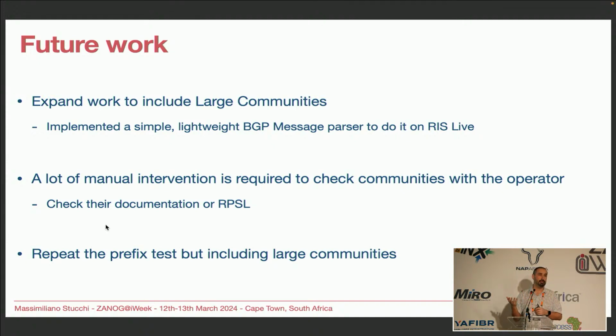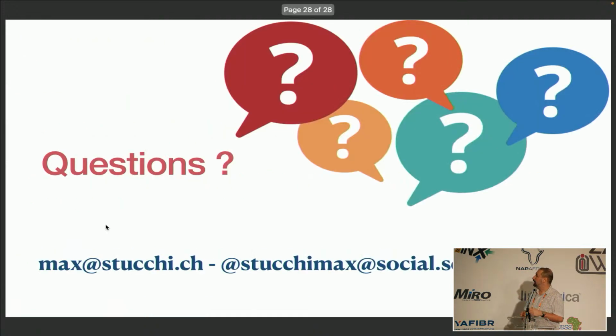So that will help. The problem is, as I said, this is all a manual effort, because you do see changes, you do see things that are related to your prefix changes, but you have to manually go and look for documentation in RPSL or on the operator's website and so on. So it requires a lot of time. And that is the biggest issue there.